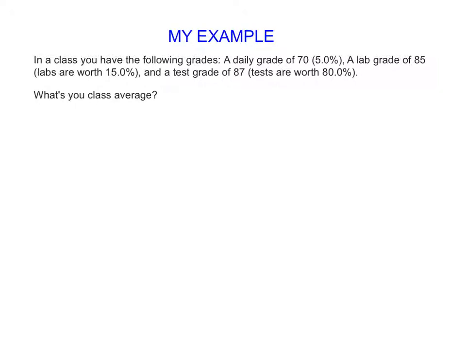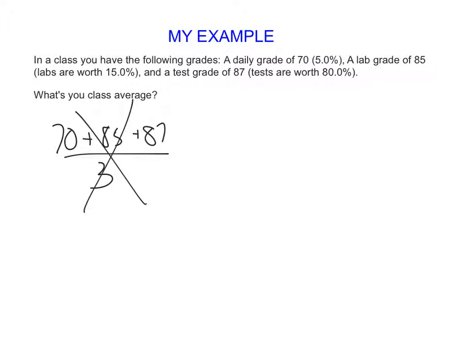There's a little typo there, that's fine. So if I wanted to calculate your average, you can't just add 70 plus 85 plus 87 and divide by 3. That does not work. That is a normal average. Here, we're doing a weighted average. We're saying that tests are worth 80% versus your daily grade only being worth 5.